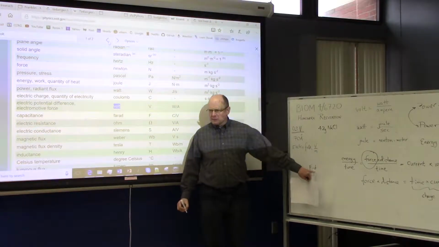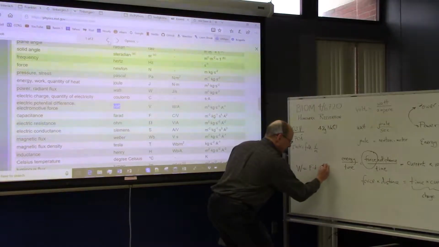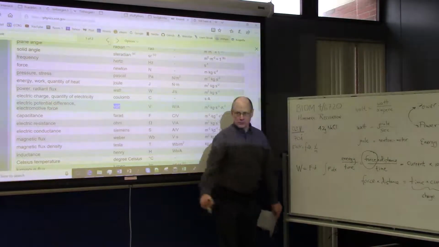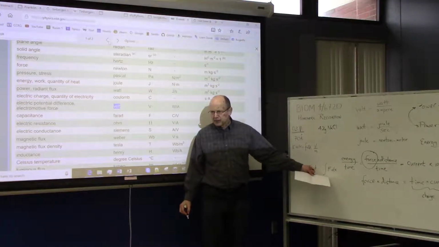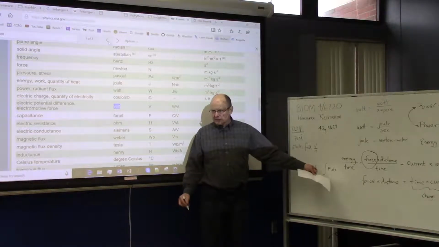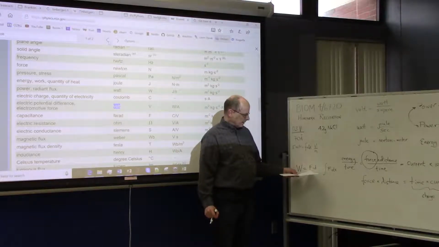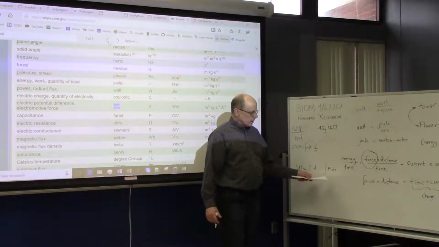Work equals force times distance. Do you remember that? Or maybe you might have seen it as the integral of F dx. Same thing, it's just you're doing this a bajillion times over very infinitesimal distances. And this is what you can do if you have a constant force over some distance.